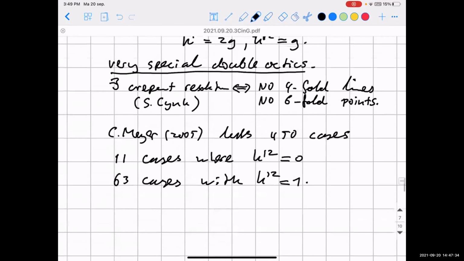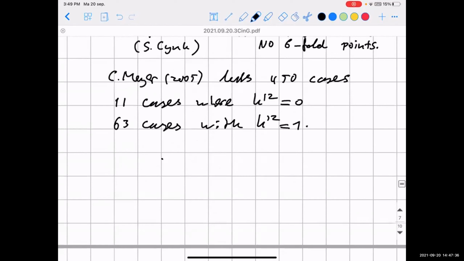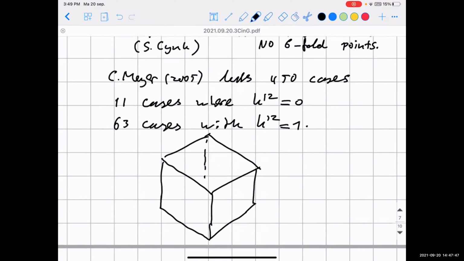And to give an idea of how these may look, imagine a cube. So this is already 6 planes. And now add 2 further planes like this.